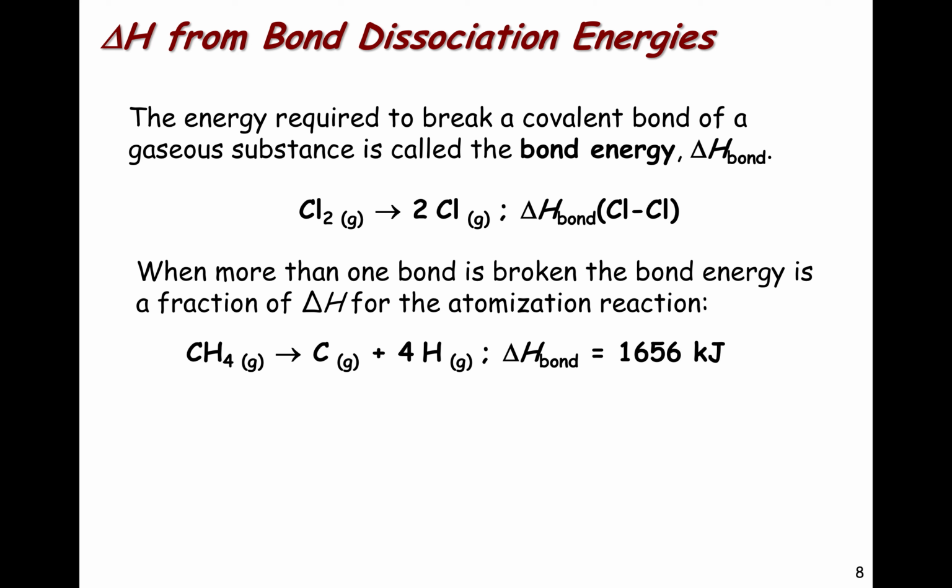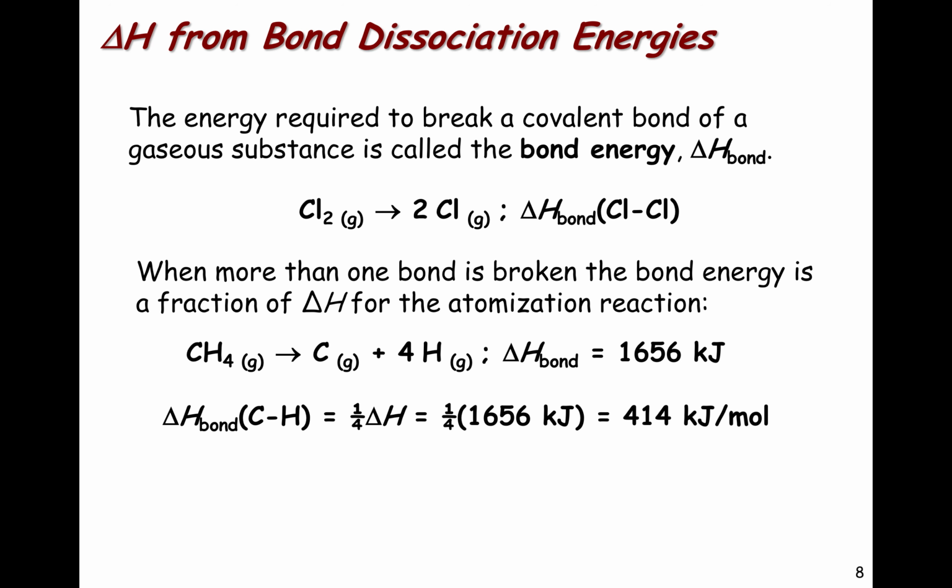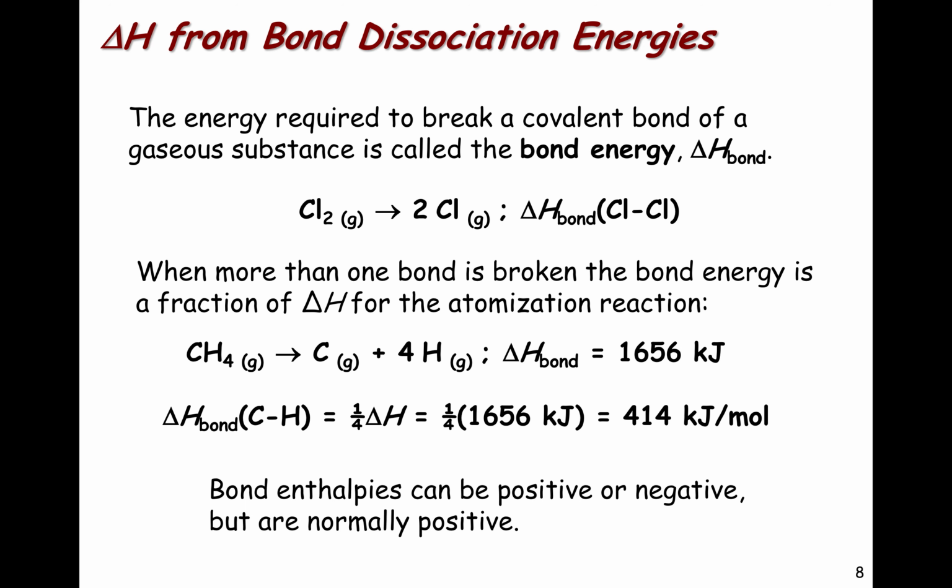The reaction requires 1,656 kilojoules of energy to break all 4 of the bonds. Therefore, we would need to divide that by 4 to get the bond energy of an individual CH bond. It turns out that bond energies are often positive. We have to put energy in to break a bond, but in some cases they can be negative.